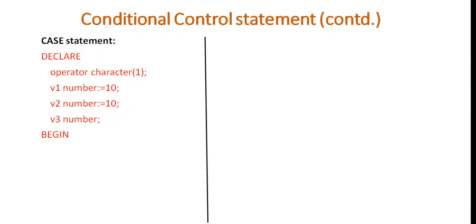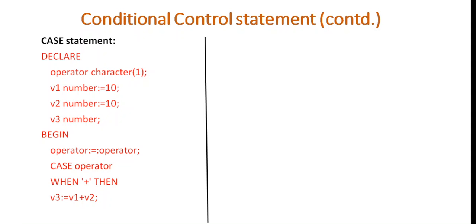Out of these three, variable 1 and variable 2 are initialized with value 10 and variable 3 is an uninitialized variable. Now in the begin section we are reading the value of operator, that is, the operation that the user wants to perform, any mathematical operation.